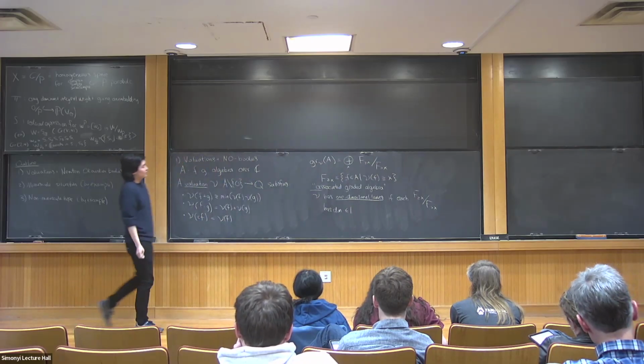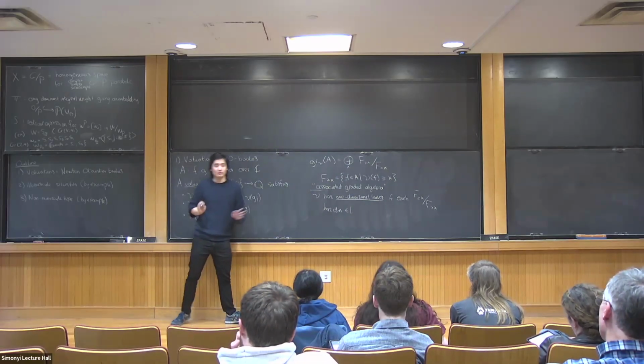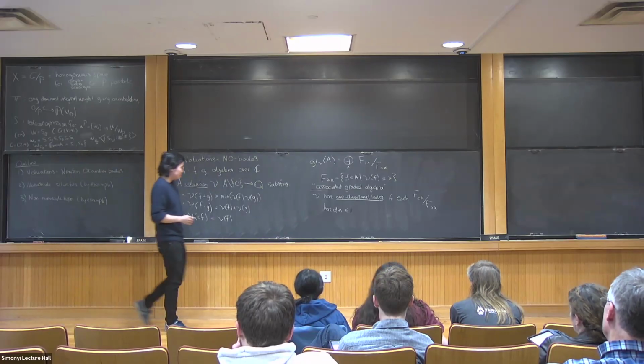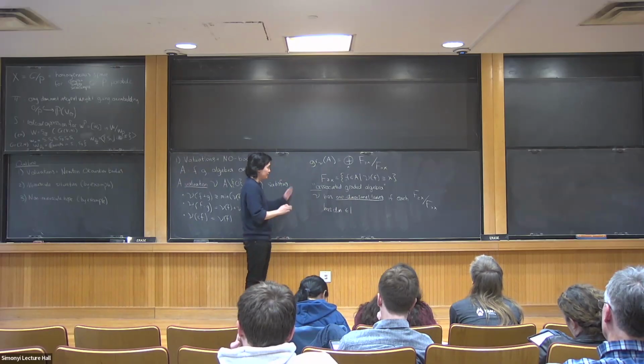So again, maybe this is some slightly technical condition that for the rest of my talk will at least always be satisfied. I just need this to state a theorem later on, so again, I'm not too worried about this.